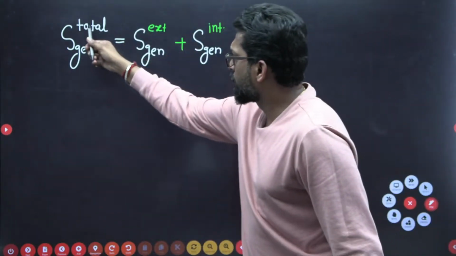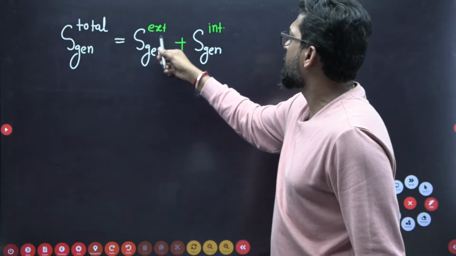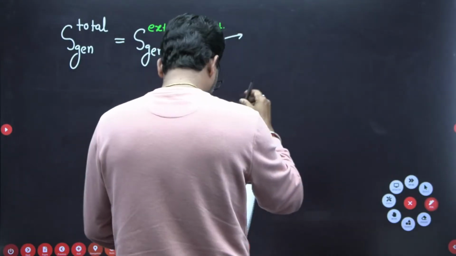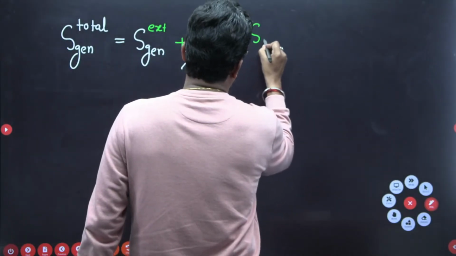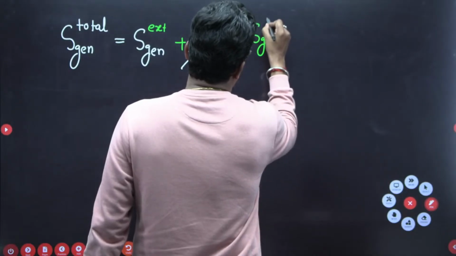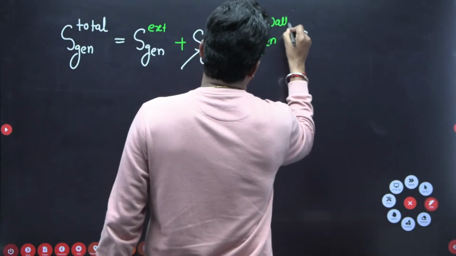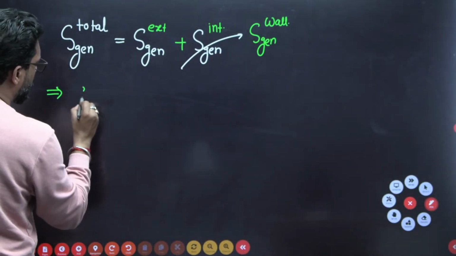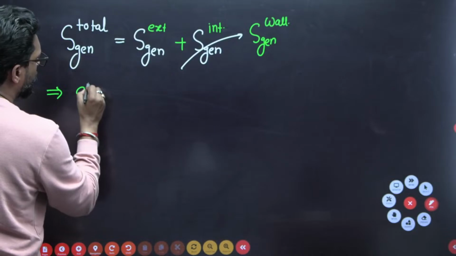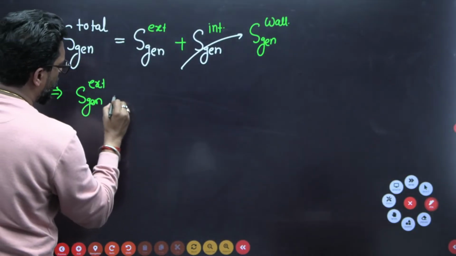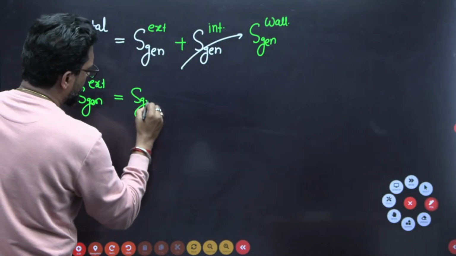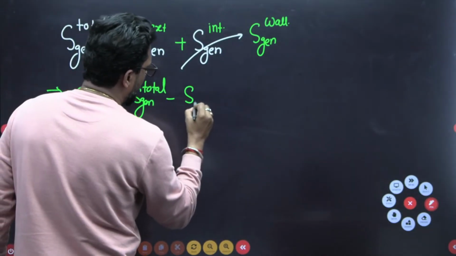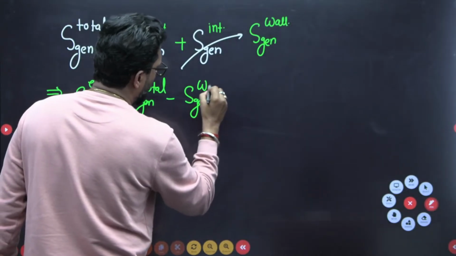So total entropy generation is the external entropy generation plus internal entropy generation. This internal entropy generation is nothing but the entropy generation in the wall. So what is the external entropy generation? S generation due to the external is S generation total minus S generation of the wall.